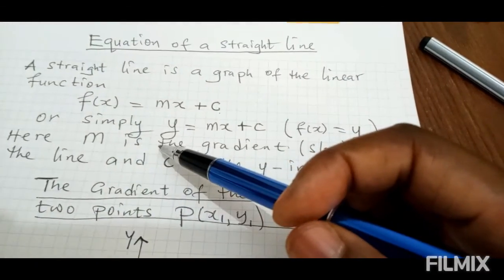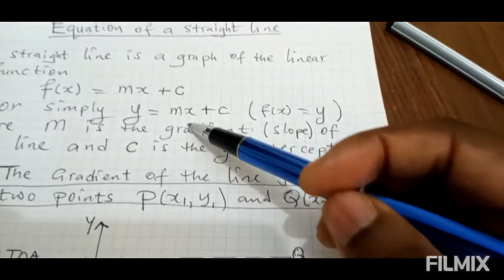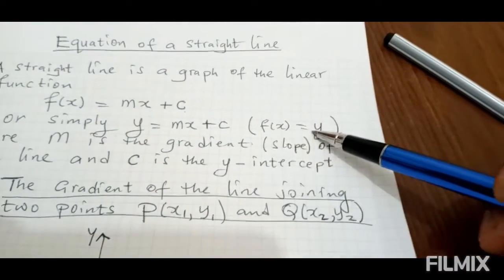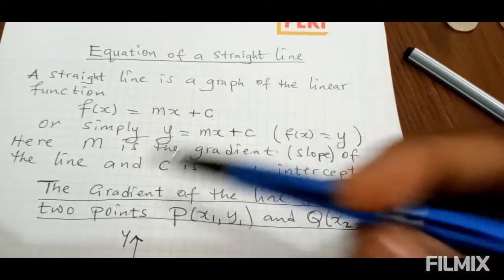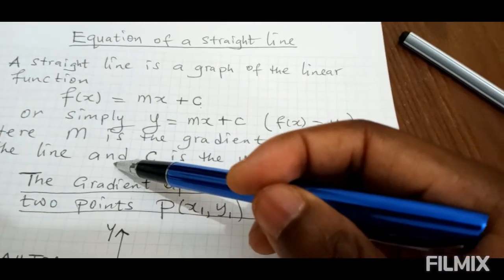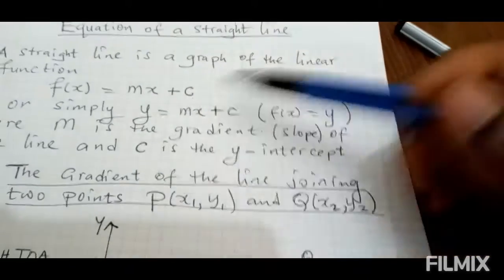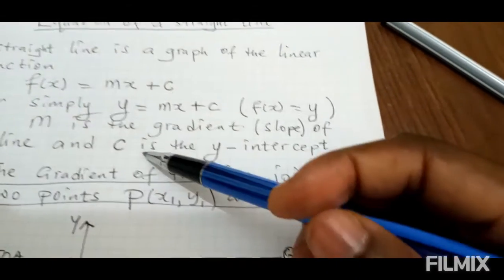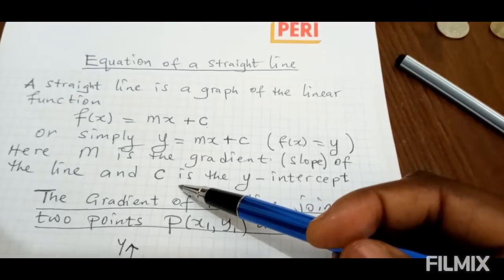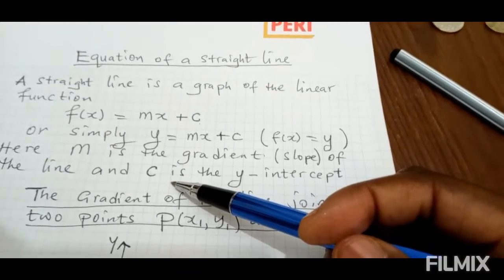We can simply write this as y is equal to mx plus c, where f of x is the same as y. M, as I said, is the gradient or the steepness of a line or the slope of a line. And c is the y-intercept, where the line cuts the y-axis.